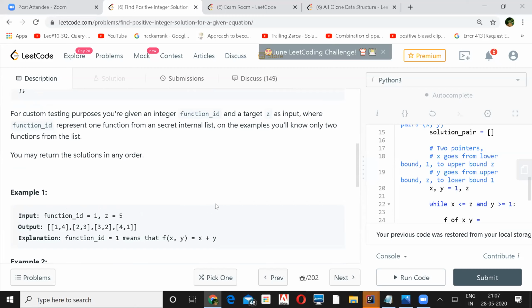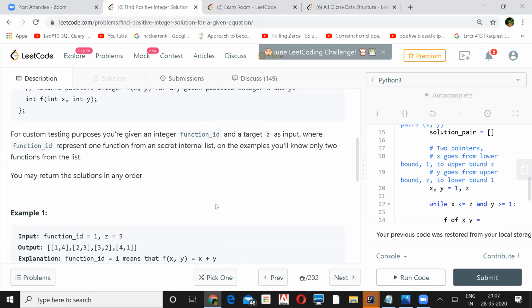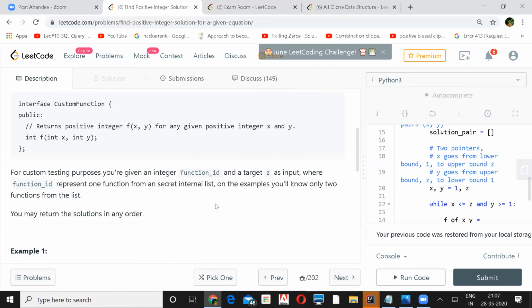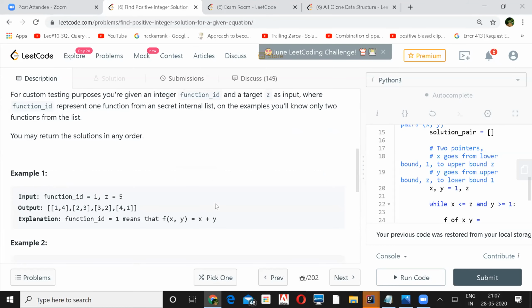Otherwise I would have said if function ID equals 1, then x and y are to be added, or if function ID equals 2, then they have to be multiplied. That is not given, so the whole problem becomes very tricky. Otherwise it would have been a very easy problem, if the definition is mentioned. It would have been very simple. So therefore they have made this trick.